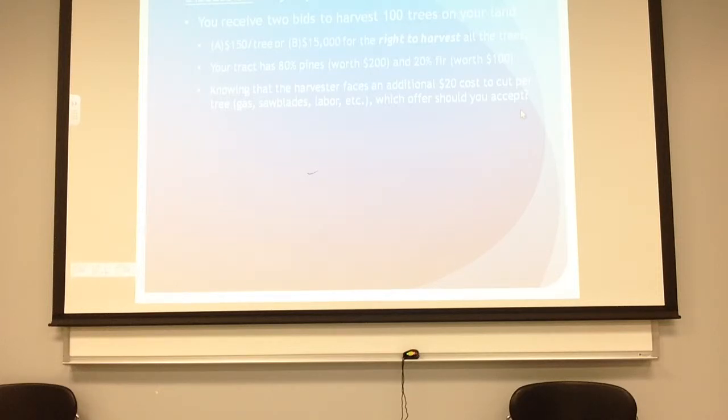If I do happen to come across a fir, what does my profit formula look like? It's worth 100 minus 150 minus 20. Not looking very good, right? Negative. Minus 70?